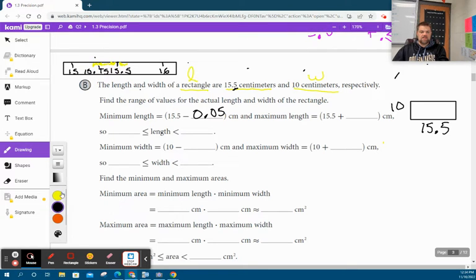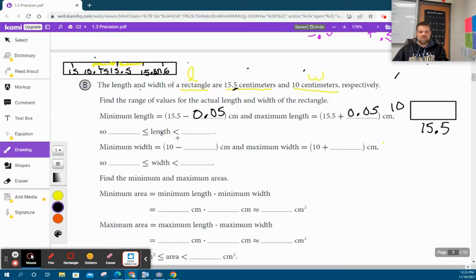And then they're saying at a maximum, my measurement might go this far past. So that means I'm going to add 0.05. Then somewhere over here it could be as high as, and this is just an approximation, 15.55.